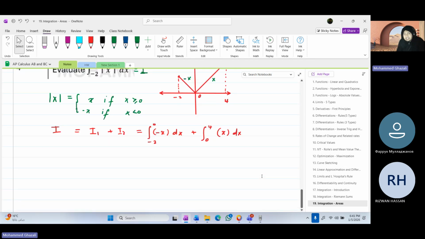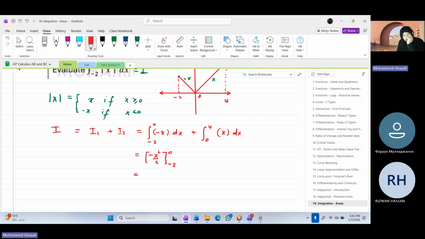Now you can evaluate, because you've already set up the integral. Now it's easy to solve. From -2 to 0, that's just negative x squared over 2. If you substitute 0 inside here, you get 0.